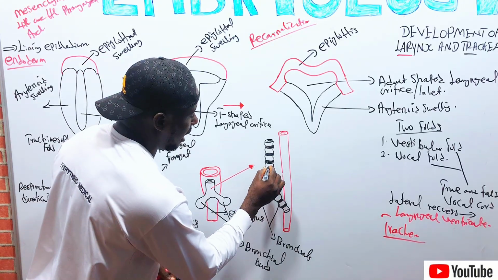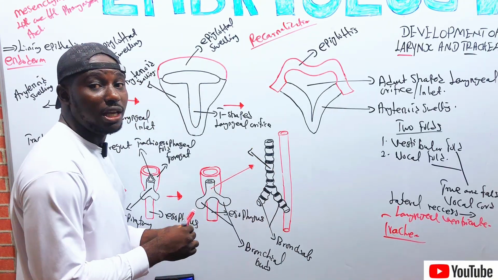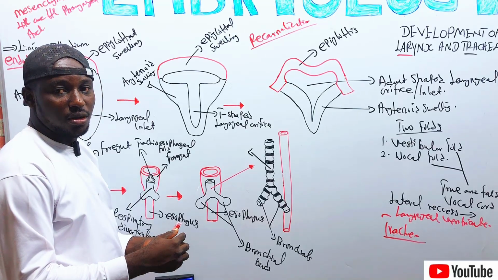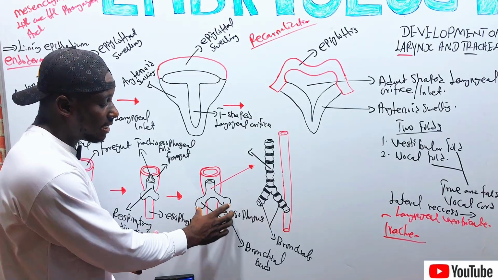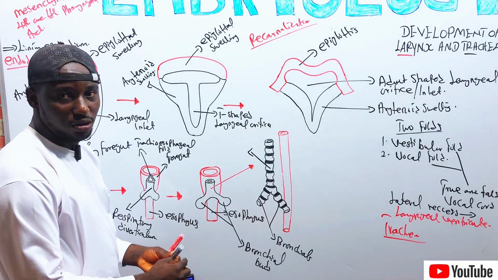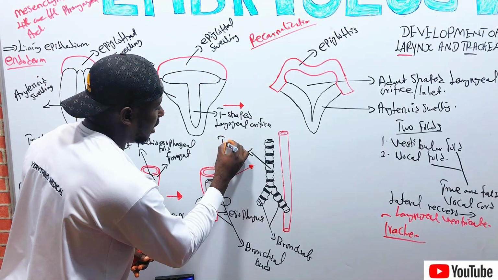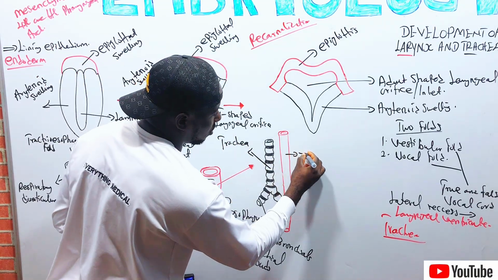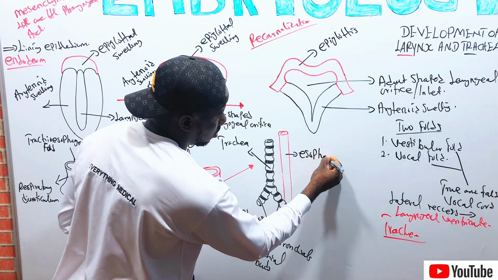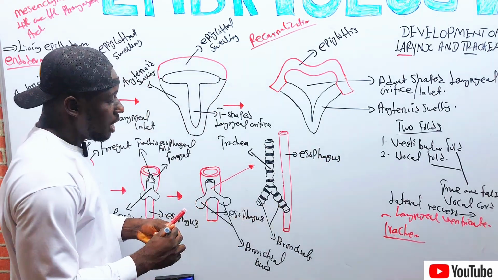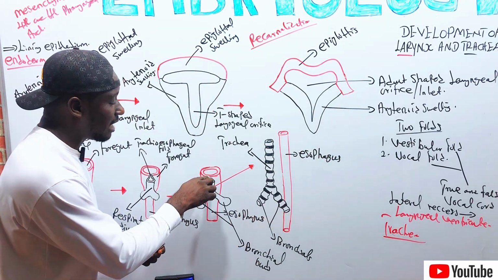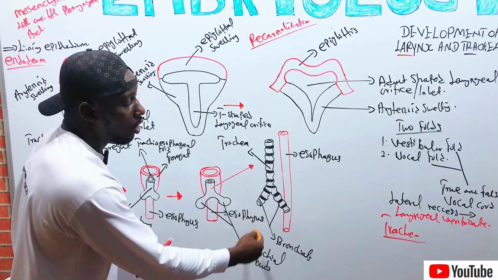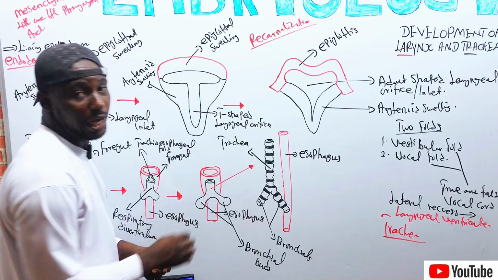Whereas the trachea develops from the part above the point of bifurcation. So this is the trachea. Why is this the esophagus? If not for the activity of the tracheoesophageal septum, there wouldn't have been separation of the esophagus and the trachea.